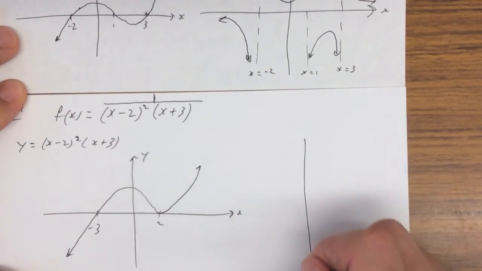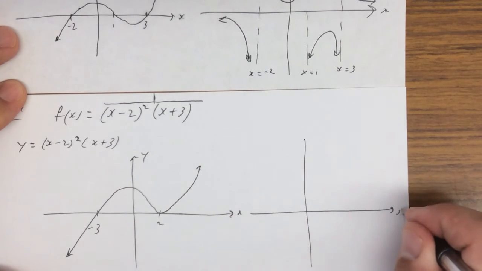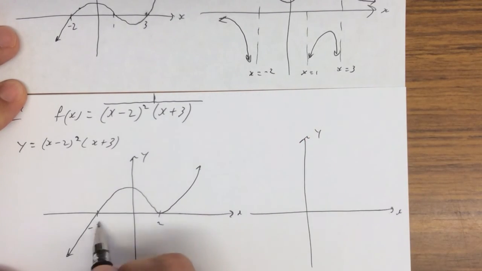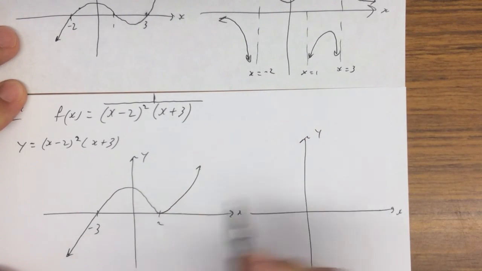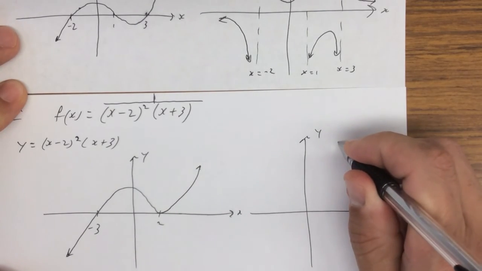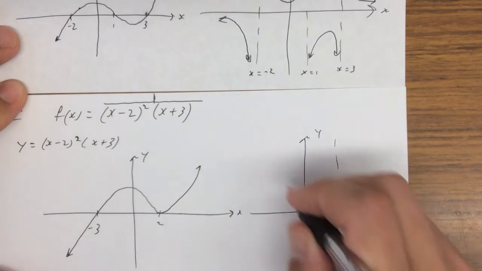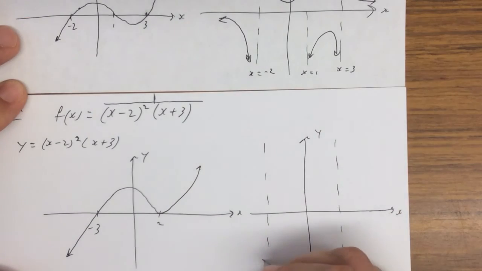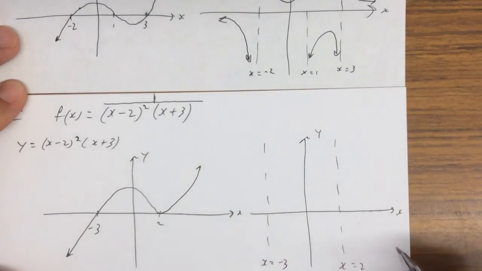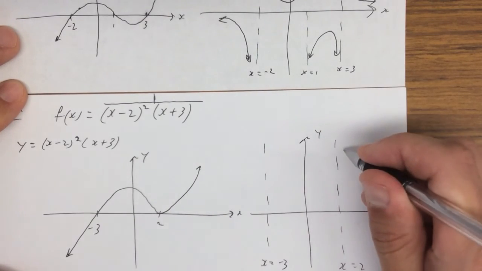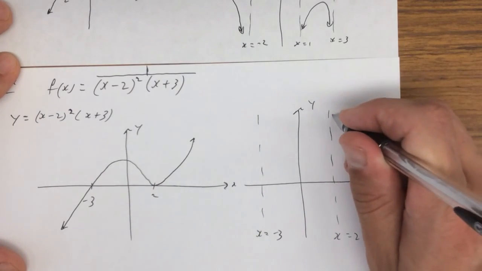So then the reciprocal of that is going to have 2 vertical asymptotes, at x equals 2 and at x equals negative 3. On this side, it's going to give us this picture.